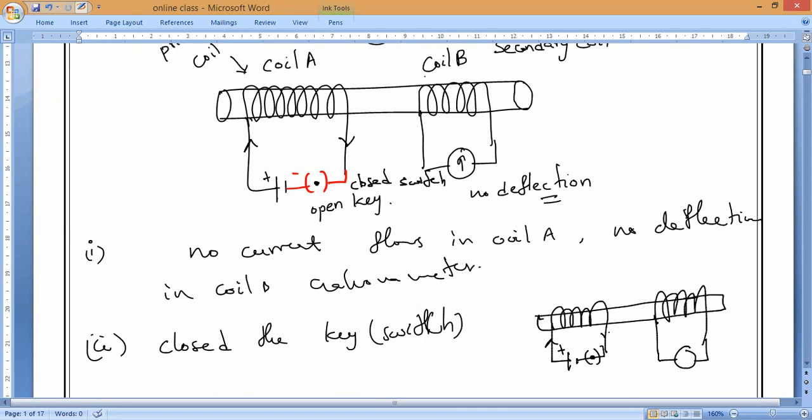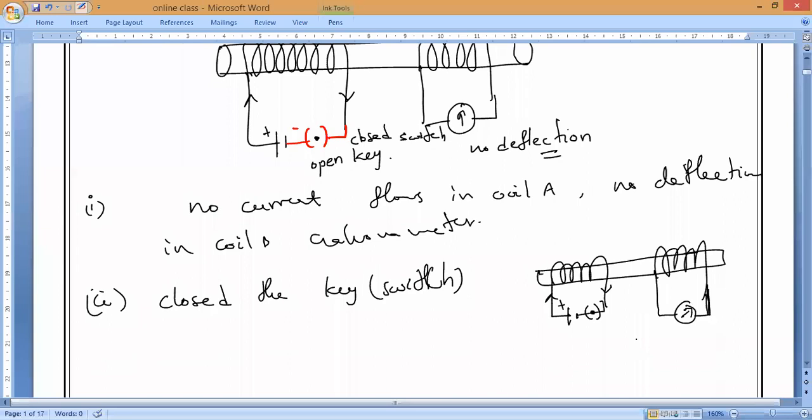Understand? When I turn on the switch, I can see a momentary deflection in the galvanometer, because a momentary current is induced in coil B. It is deflected in some direction, and within a fraction of a second it comes back to zero. When I turn on the switch, the current passes in coil A, and a momentary current is induced in coil B, and within a fraction of a second it comes back to zero.